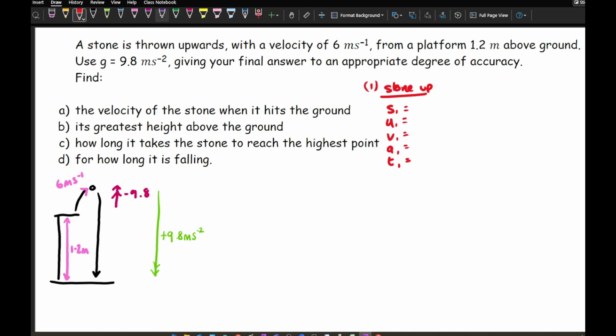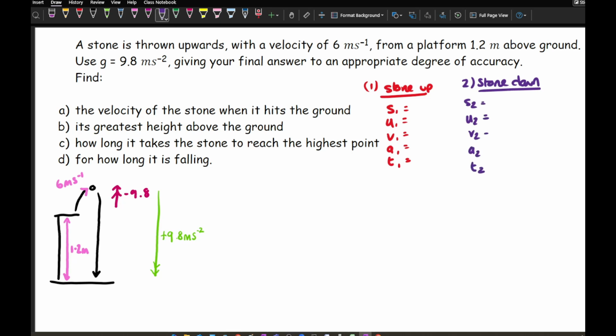Then I've also got stage 2, which is when the stone is going down, which I'm going to call S2, U2, V2, A2 and T2.